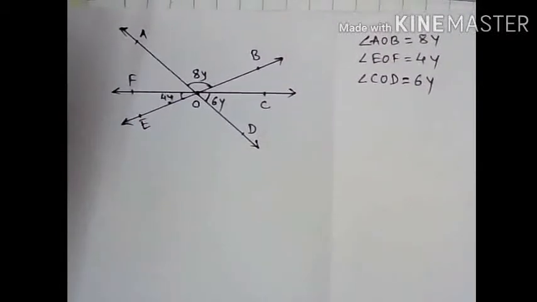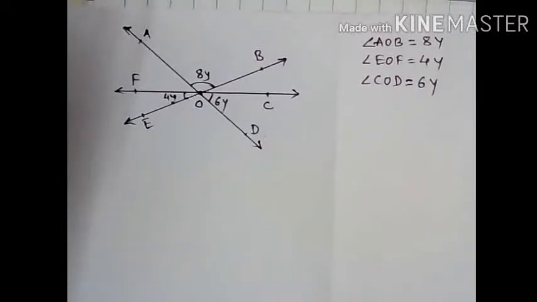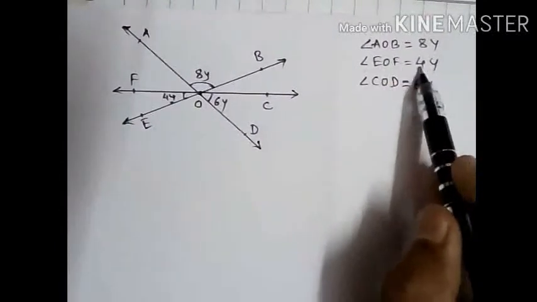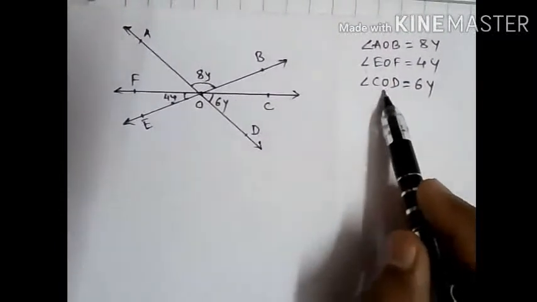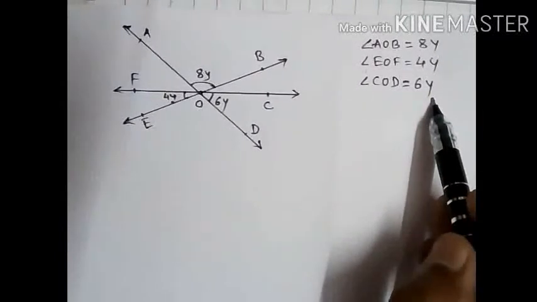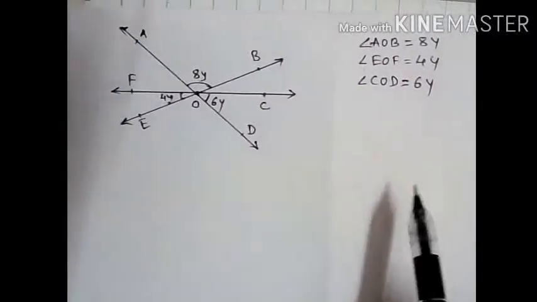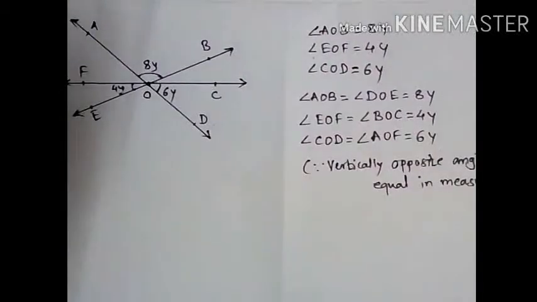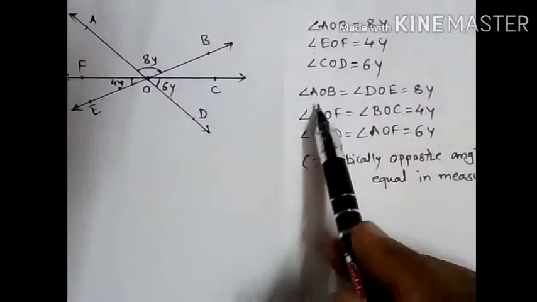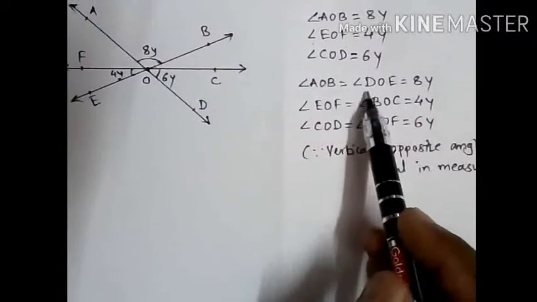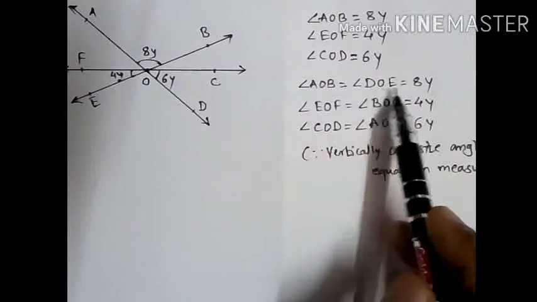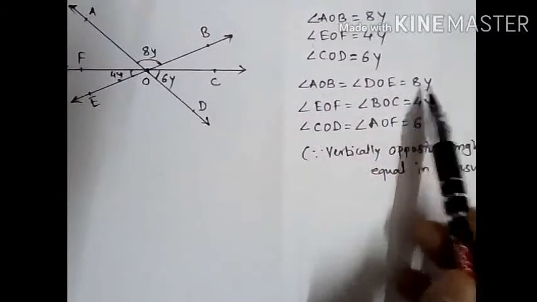From the figure, angle AOB is equal to 8y, angle EOF is equal to 4y and angle COD is equal to 6y. Now first find the vertically opposite angles. Therefore from the figure, angle AOB is equal to angle DOE because they form vertically opposite angles and their measure is 8y.